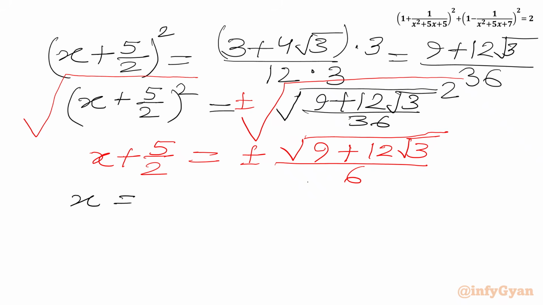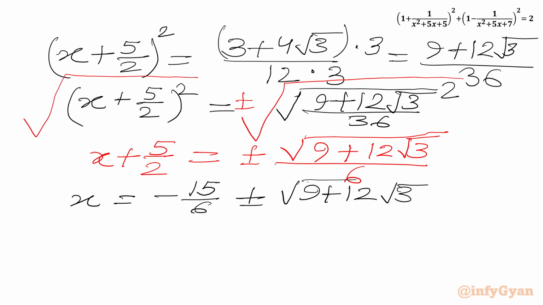So x equal to minus 5 over 2, which we can write minus 15 over 6 plus minus square root of 9 plus 12 square root 3. Denominator will be 6. Denominator is common.